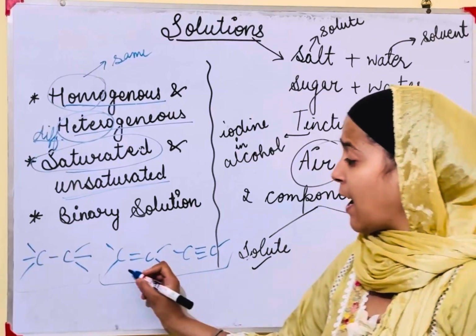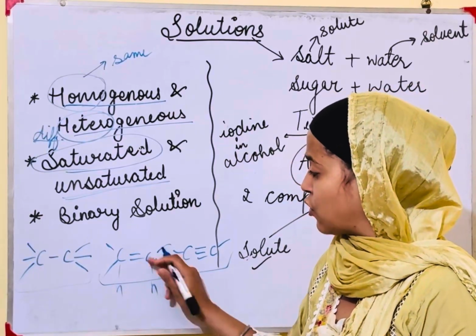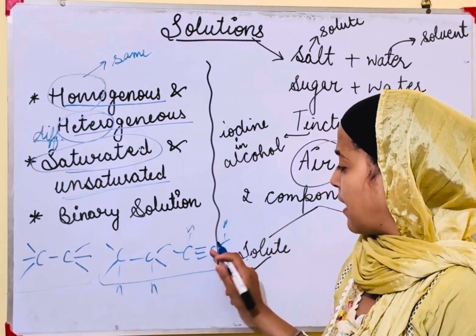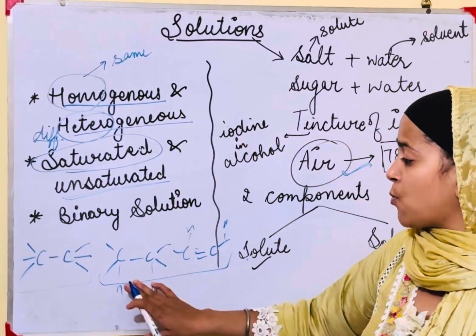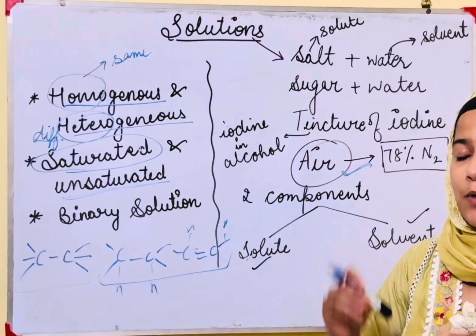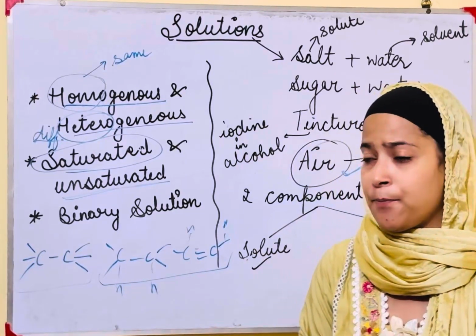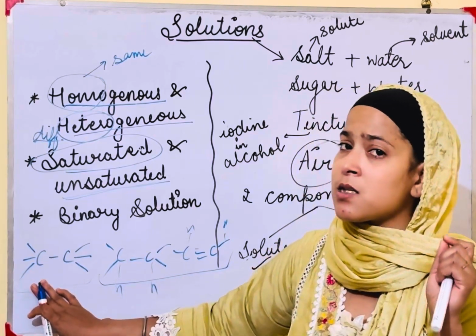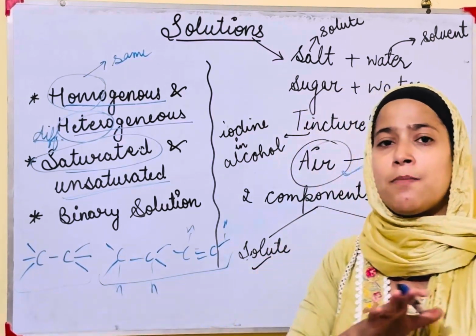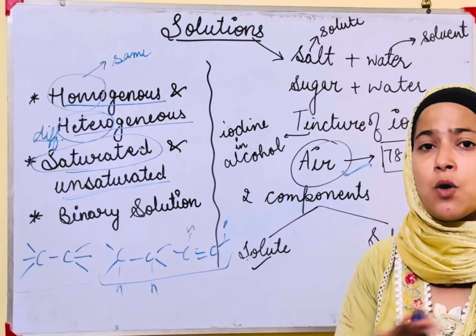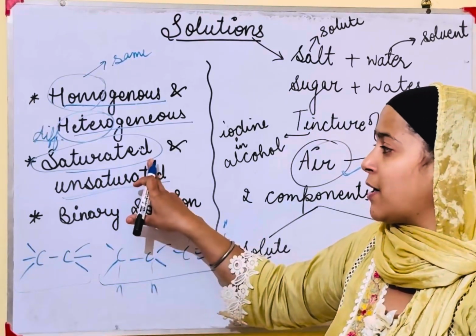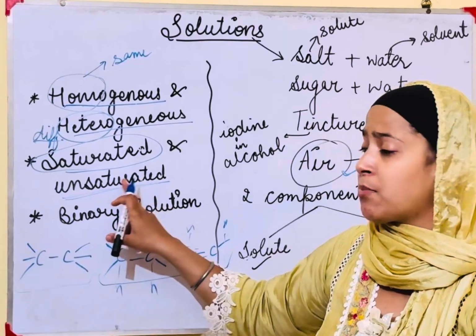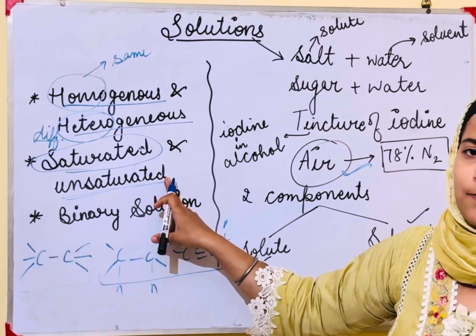But here we can add hydrogen. Here two hydrogens will add and this bond will be removed. Here hydrogen will be added and this bond will be removed. So both of these are unsaturated, in which we can add something. The substance in which we cannot add anything is saturated, meaning its maximum capacity to add has been exhausted. Those are saturated solutions. Those solutions in which we can add something are unsaturated solutions.